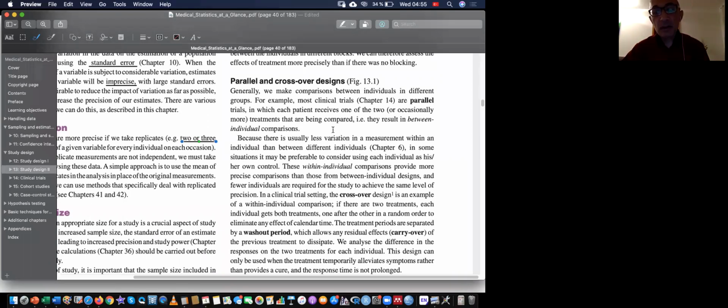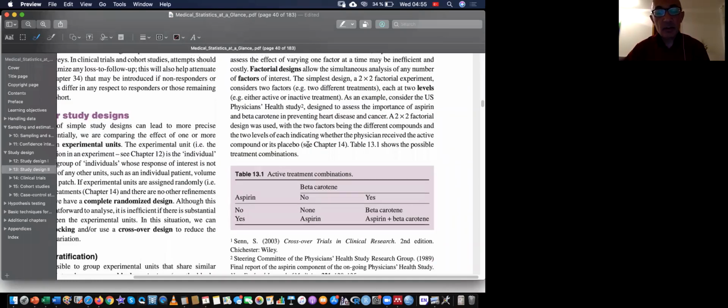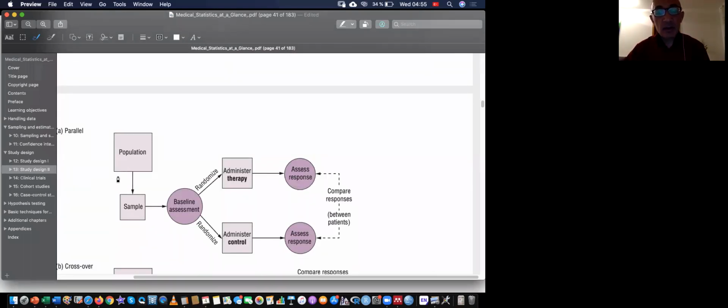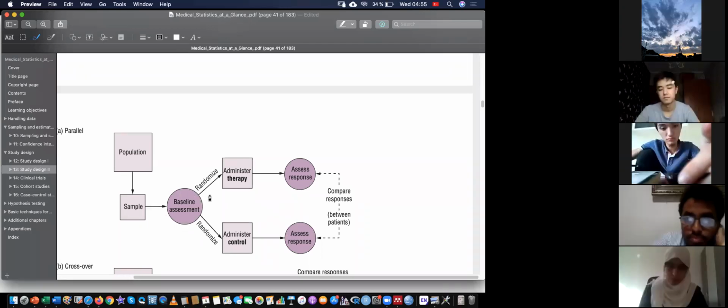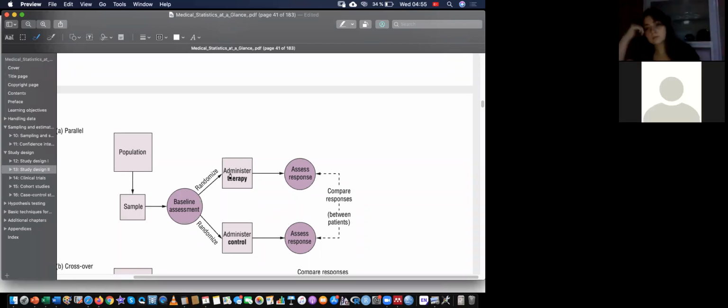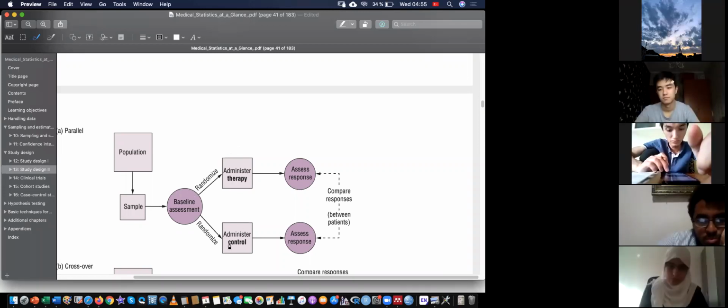In a parallel trial, let me show you this figure here. You have a sample from the population. You make a baseline measurement, and then you give drug A, the administered therapy. And you have a control group. You give drug B, and you assess the response.